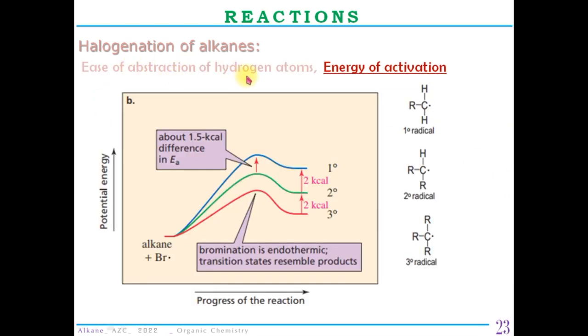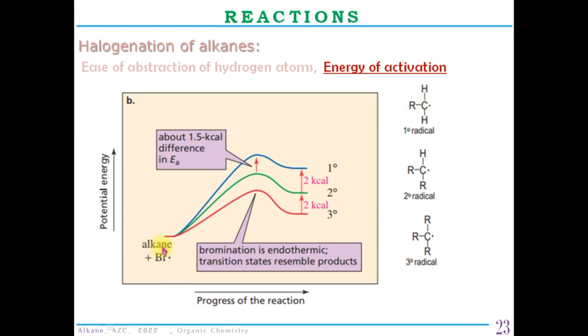Ease of abstraction of hydrogen atom is also explained by activation energy. Here is the reaction coordinate diagram of alkane and bromide radical reaction, where there are chances of formation of tertiary, secondary, or primary alkyl radical.